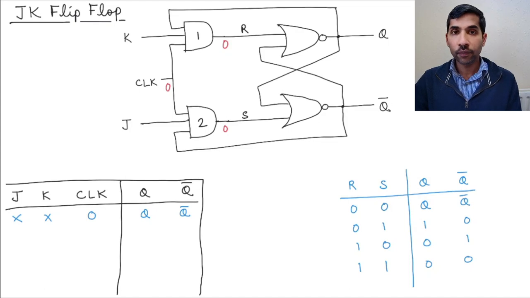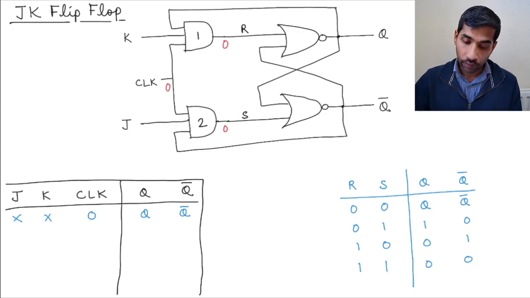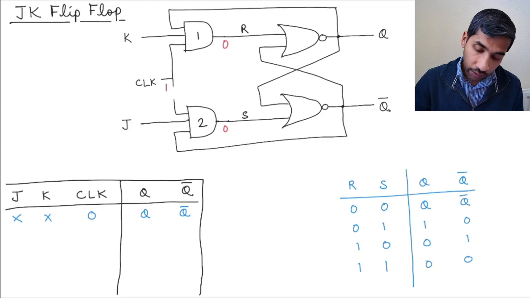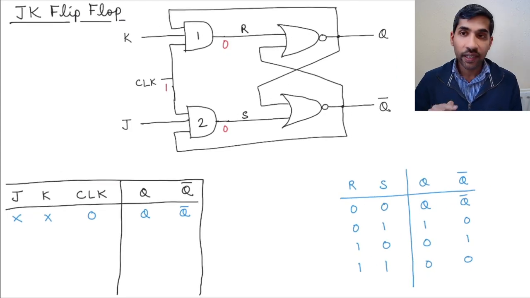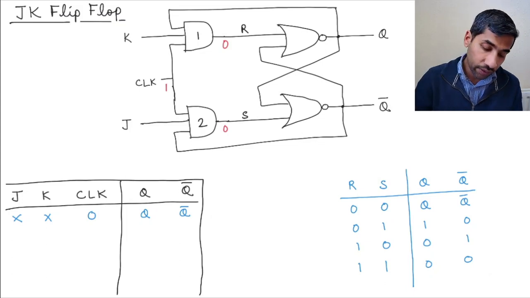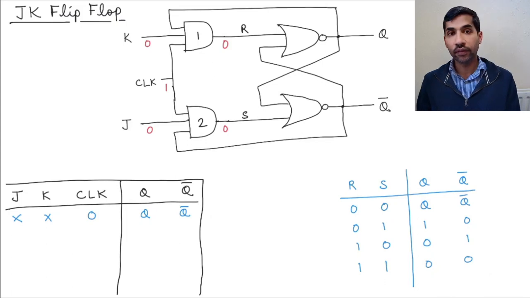Okay. So now let's go to the next phase where we assume that the clock is 1. Let me just erase this input, and let me say that the clock has become 1 now. If the clock has become 1, J and K can take 4 different values, and let's start with J equal to 0 and K equal to 0.